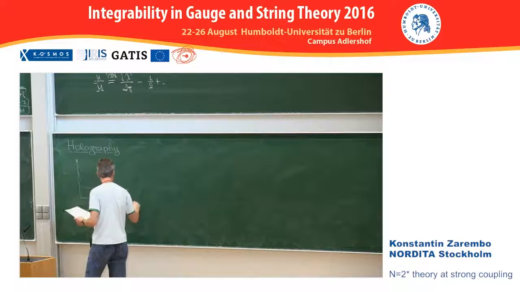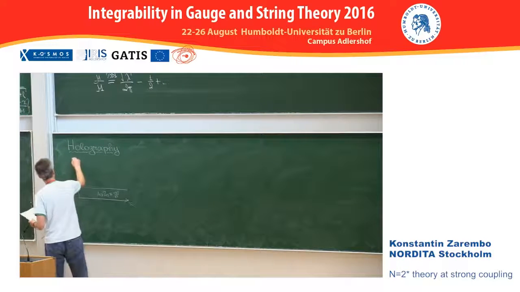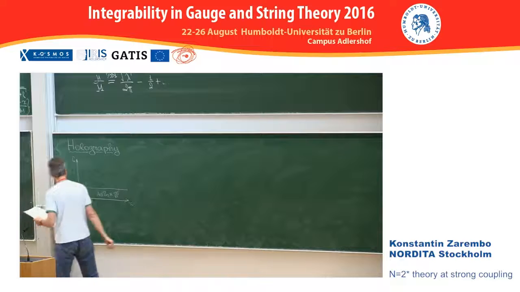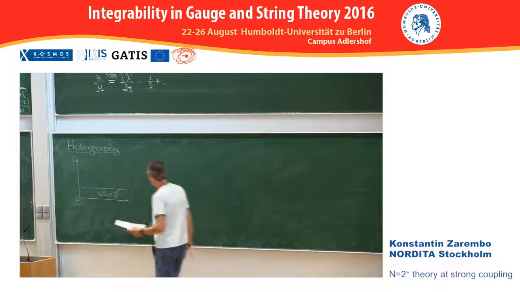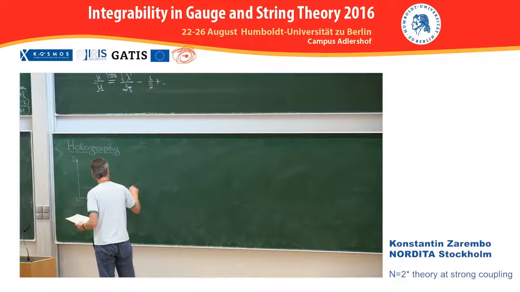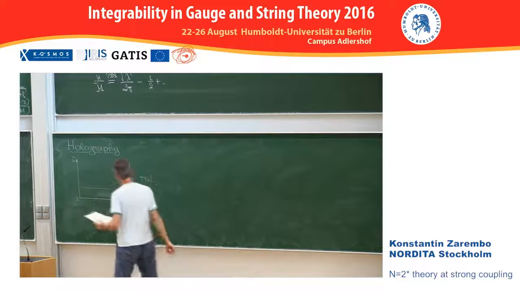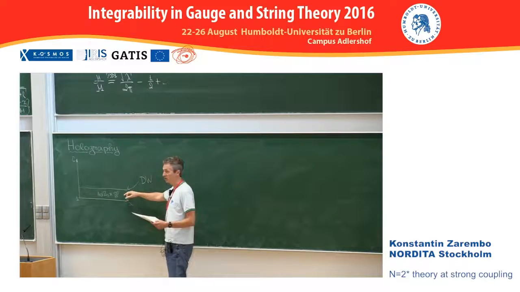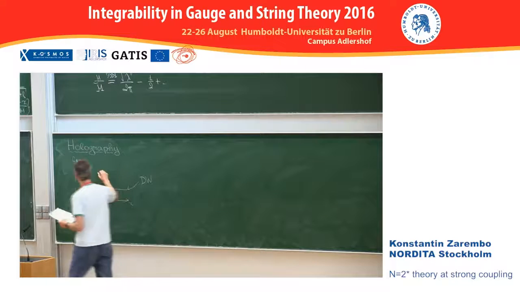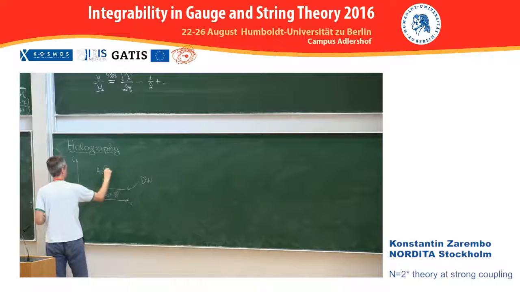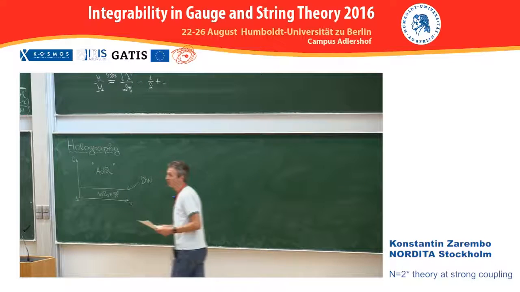So if this is a spatial direction and this is a holographic direction, normally in this context denoted by c, then there is some relatively sharp transition from the asymptotic AdS5 geometry to a geometry that can be identified with AdS6, in quotes.